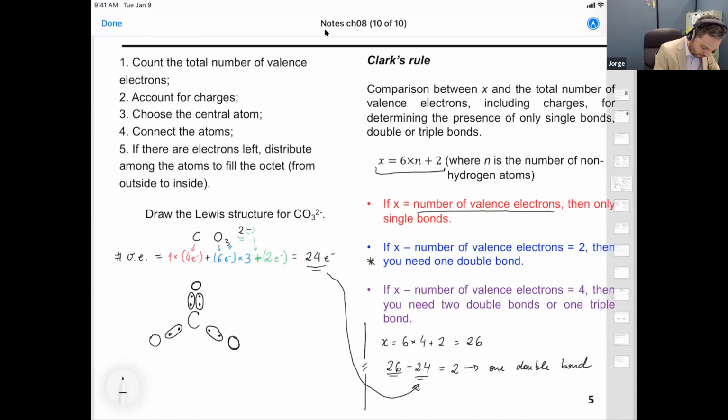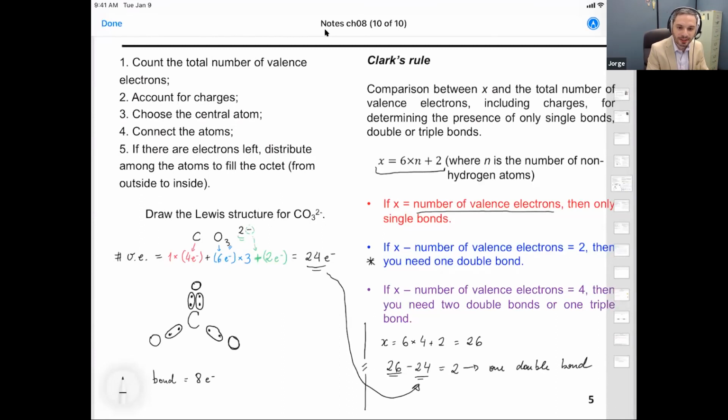1, 2 for one single bond, 3 and 4 for the next single bond, 5, 6, 7, and 8. Okay, so just to bond the elements, I spent 1, 2, 3, 4, 5, 6, 7, 8 electrons.